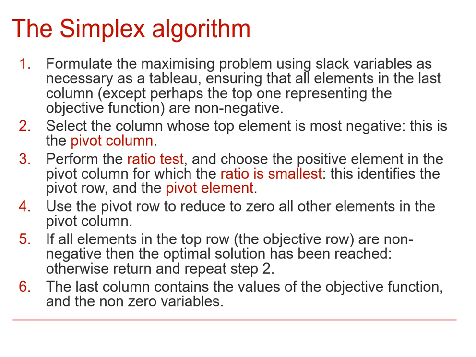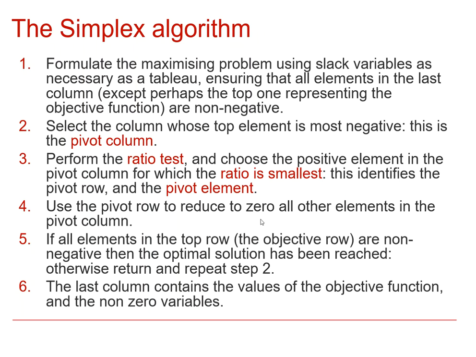Then we place all of those coefficients into the Tableau, and we start by choosing the column where the element in the top row is the most negative. If there aren't any negative numbers in the top row, then we would stop straight away, we wouldn't do anything. So that finds our pivot column. We then do that test where we're dividing the right hand side by the coefficient in the pivot column, and that allows us to identify the pivot row and hence the pivot element.